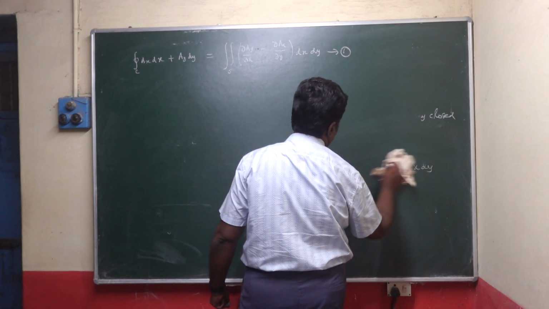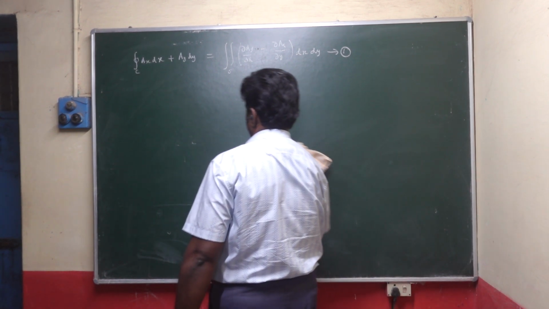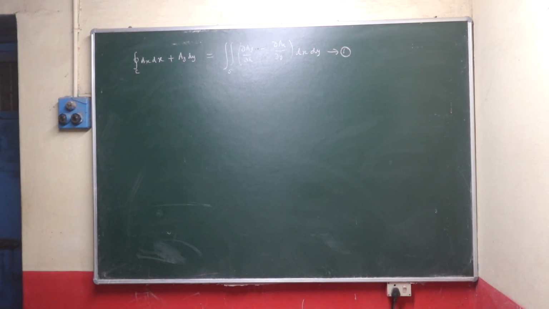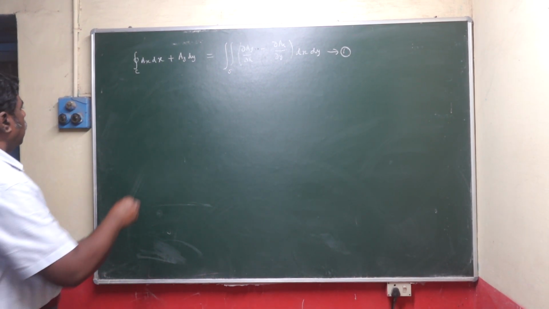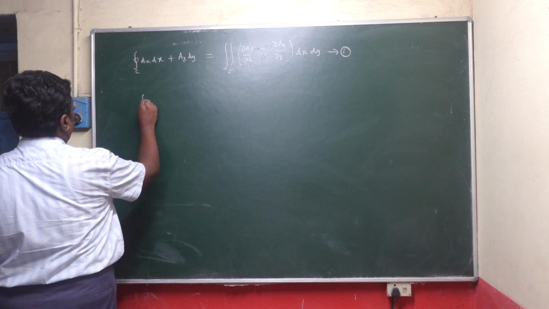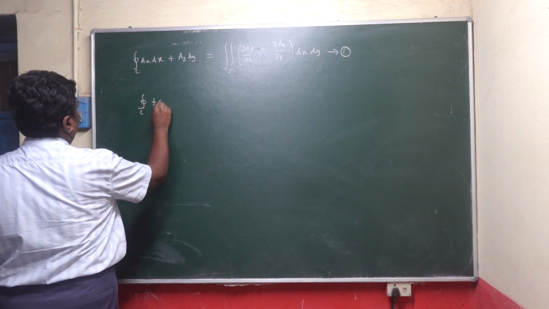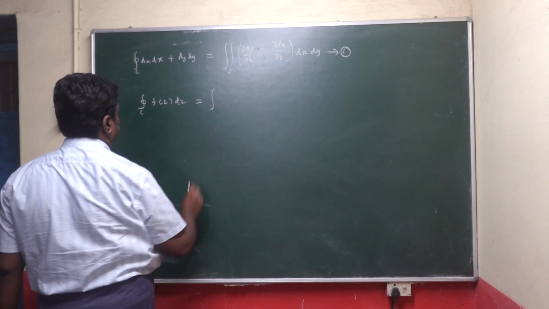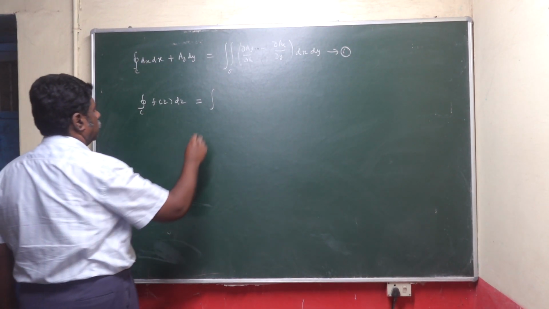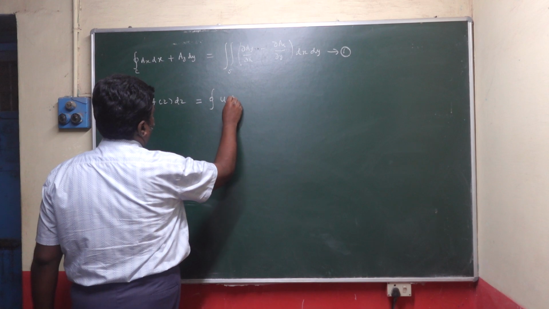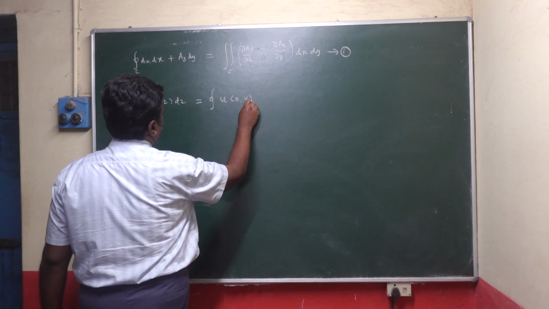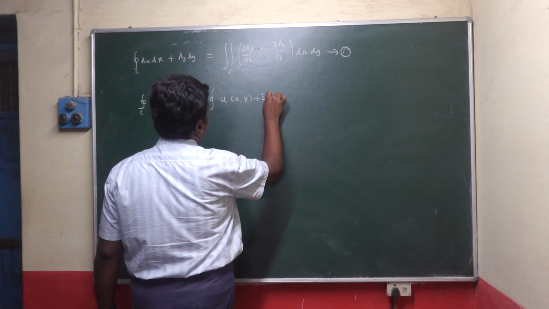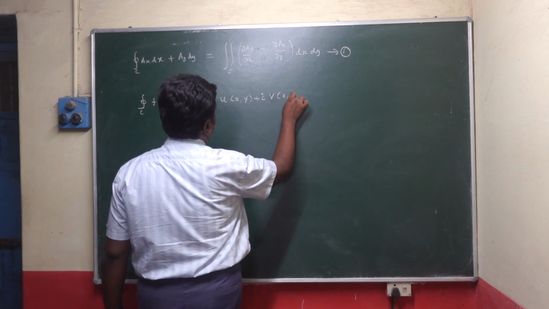Now our aim is to prove integral f of z dz equal to 0. Integral f of z into dz equal to, see here, f of z is u of x comma y plus i into v of x comma y.